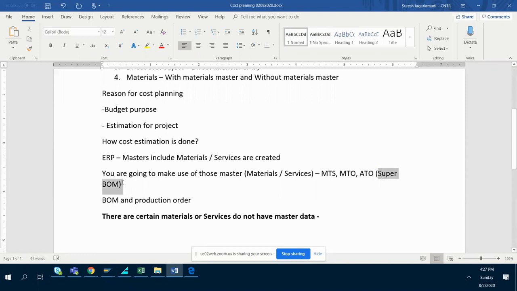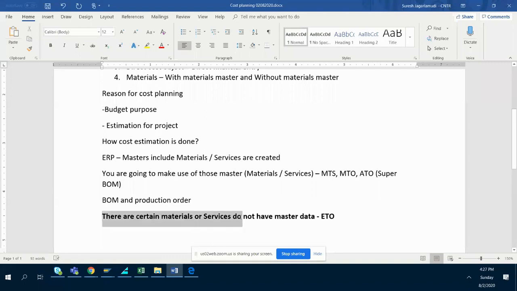That means you're not going to say, this is a new service I am going to introduce. No, there is nothing like a new service. If something is a new service or new material, it is surely ETO. Simple. For you to understand, where you have an existing material master or service master, it is all the other scenarios.